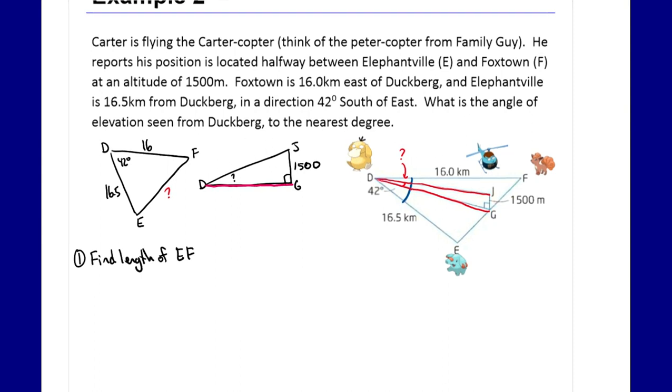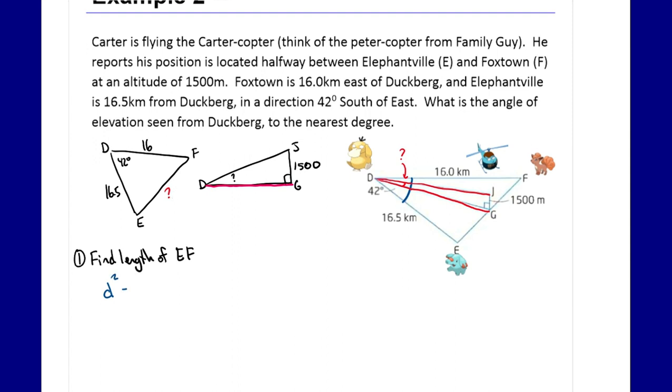Because I have that sandwiched angle, I am going to use my cosine law. And if you want a reference on what the cosine law looks like, please go back to the previous lesson. You have the formula there, and we've looked at some examples. In this case, side d, which is the same as EF, is opposite of angle D, which is 42 degrees.